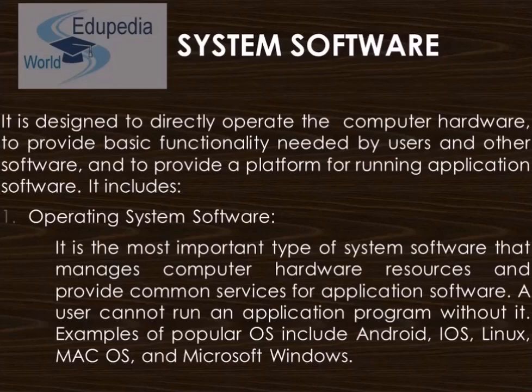The examples of popular operating systems include Android, iOS, Linux, Macintosh operating system and Microsoft Windows. Currently, about 83% of the desktops worldwide run the Microsoft Windows operating system just because of its more and more user-friendly nature.